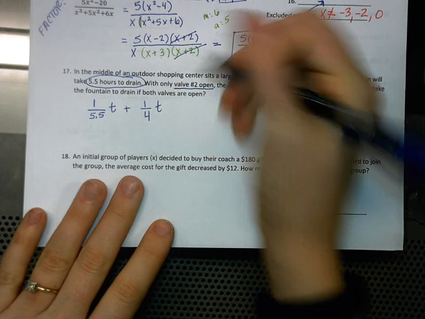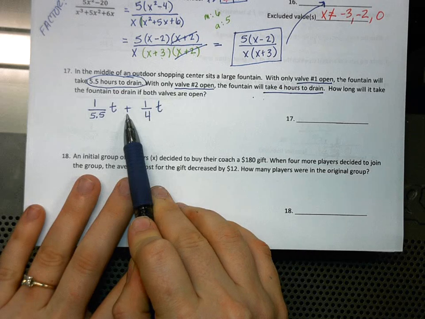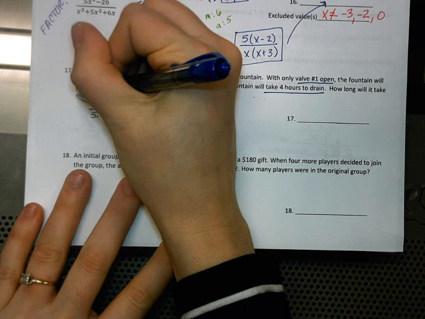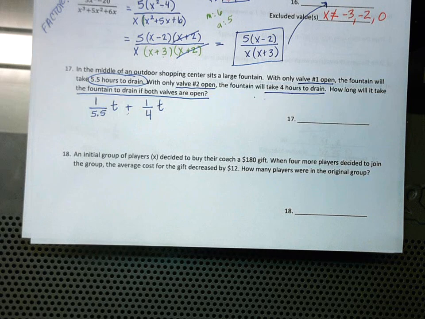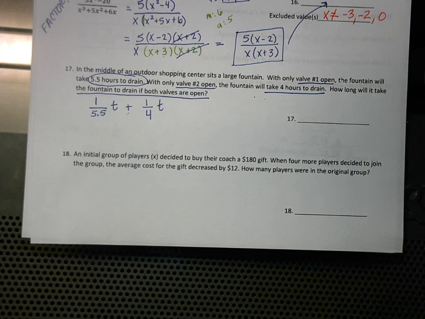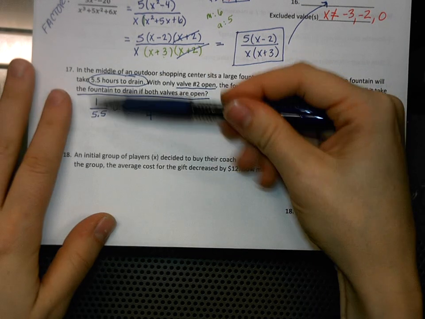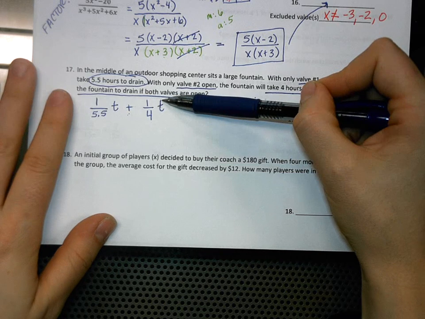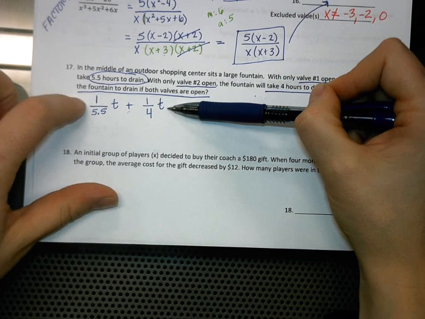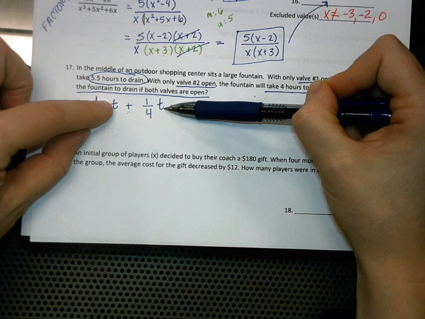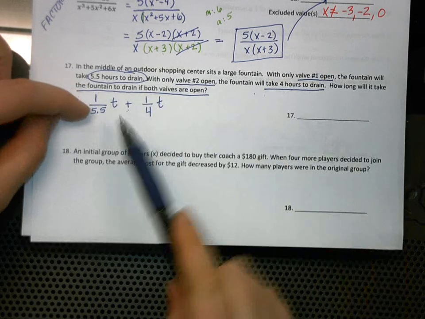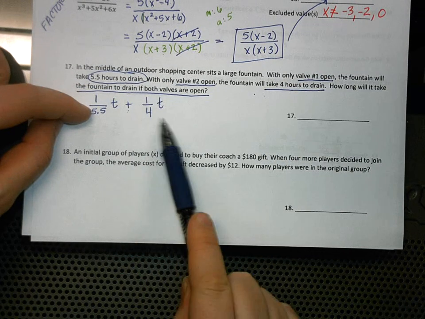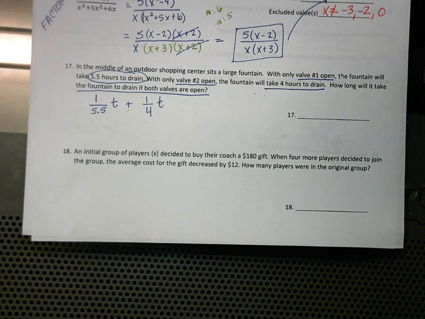Okay, and then why are we adding these together? The question says both valves are open now. So you have a rate added to the rate of another, but the time remains the same. As 1 hour passes, how much of the fountain is drained?